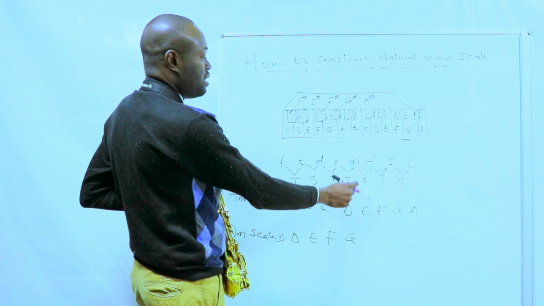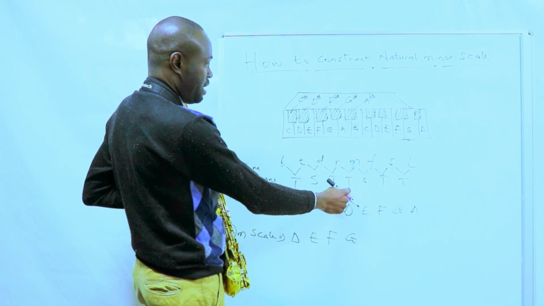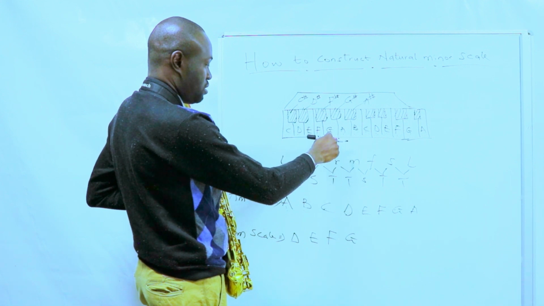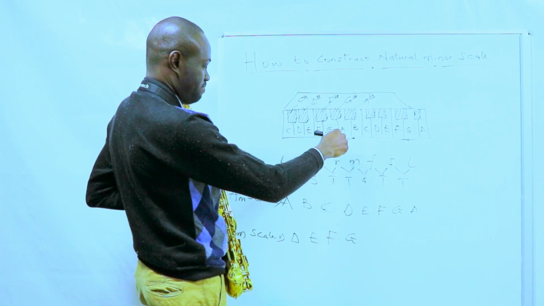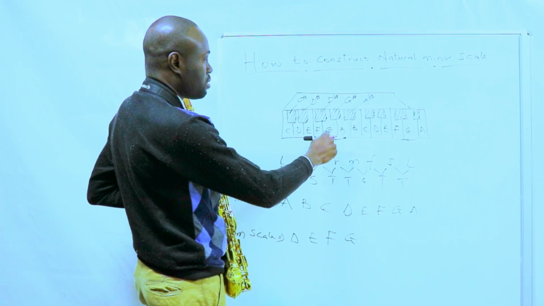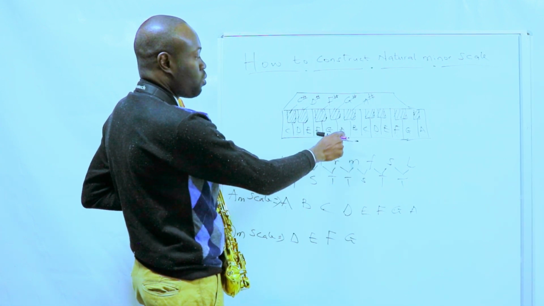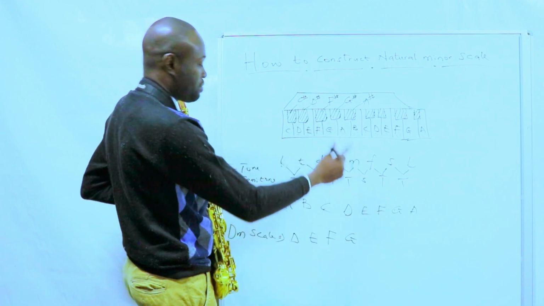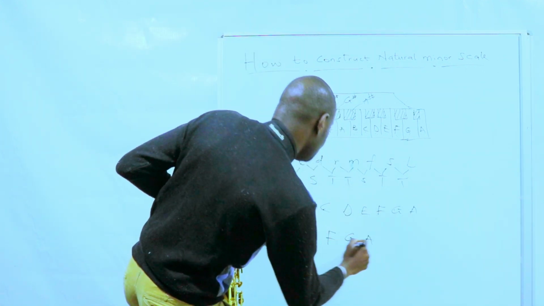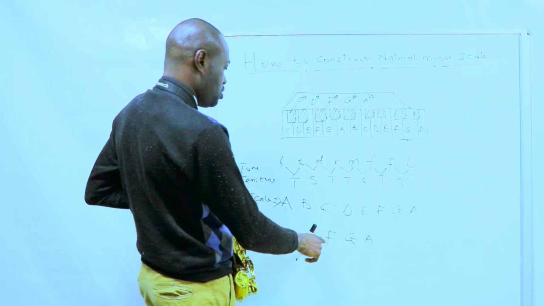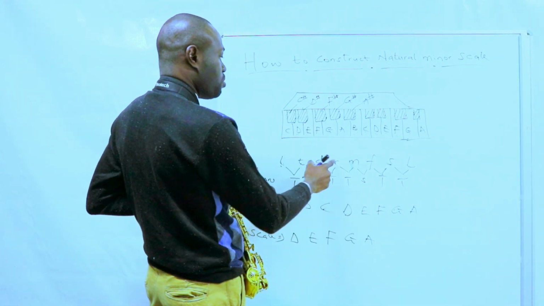Now between Re and Mi is also a tone. So since our Re is G, then our Mi is going to be A, because A is the one that has a tone distance after G. Okay, La, Ti, Do, Re, Mi. Good.